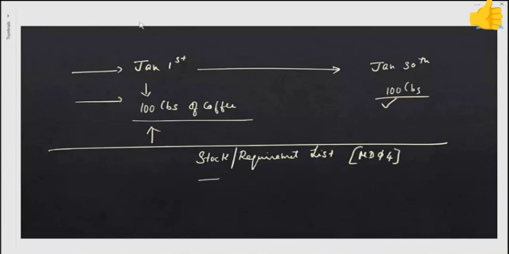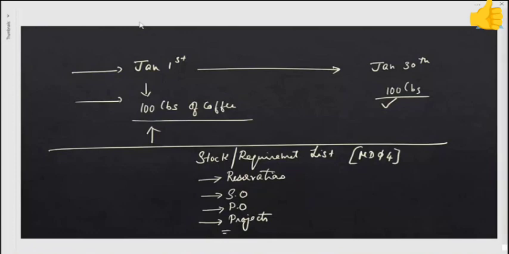MD04 not just lists the reservations, it lists all the requirements. It lists requirements coming from sales orders. It lists requirements coming from production orders. It lists requirements coming from projects, so on and so forth. Reservations happen to be just one of them.